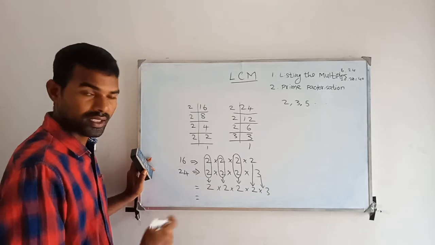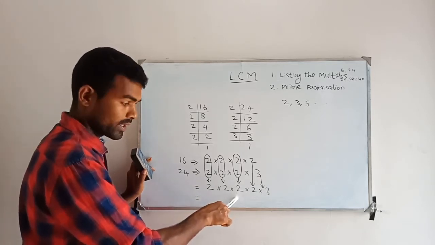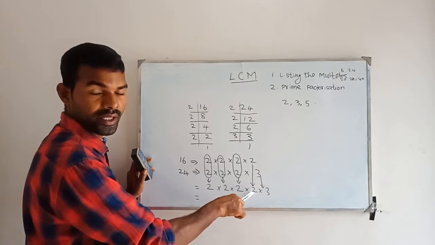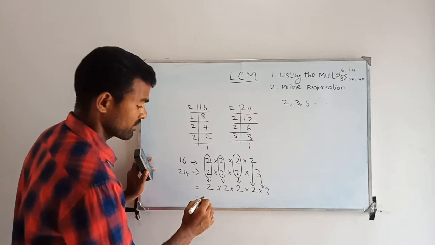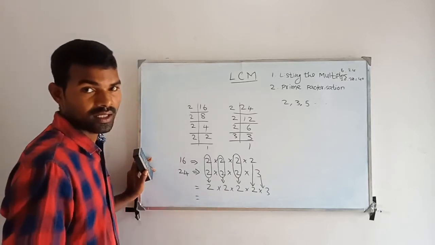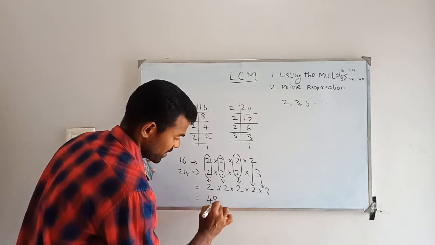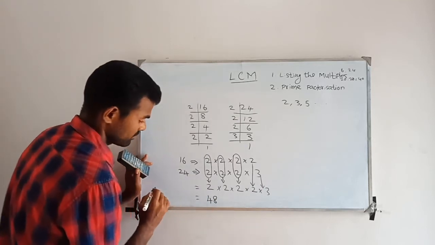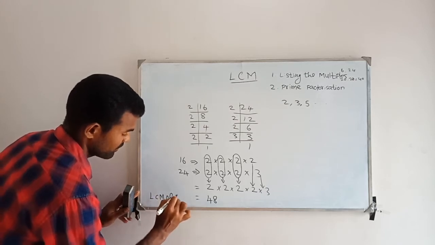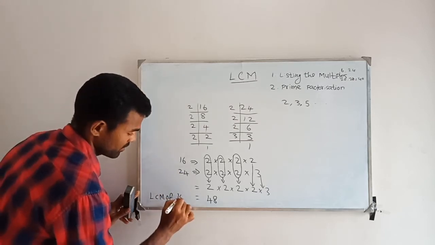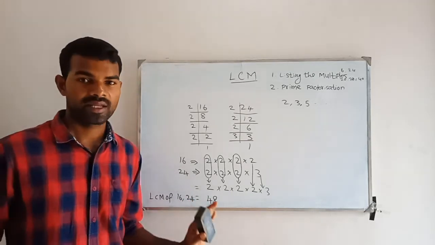Now multiply: 2 times 2 is 4, 4 times 2 is 8, 8 times 2 is 16, 16 times 3 is 48. So what is the LCM of 16 and 24? LCM of 16 and 24 is 48.